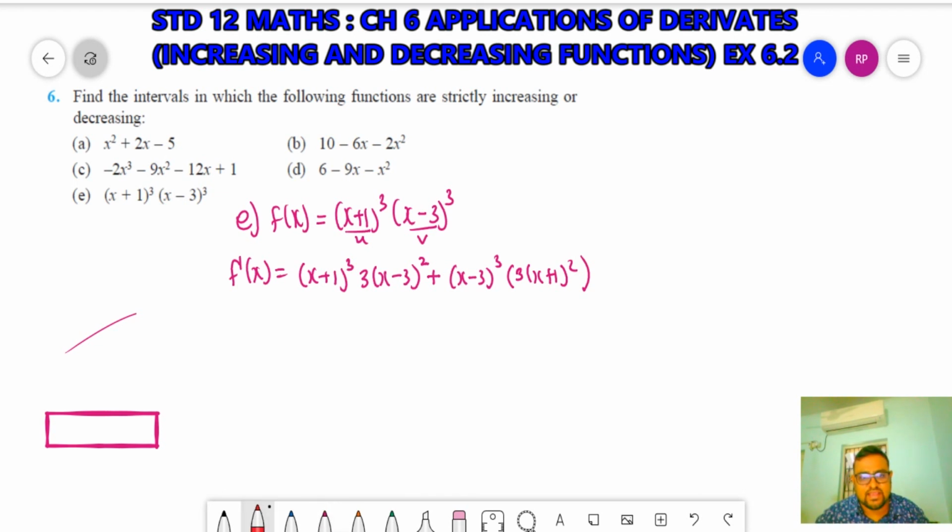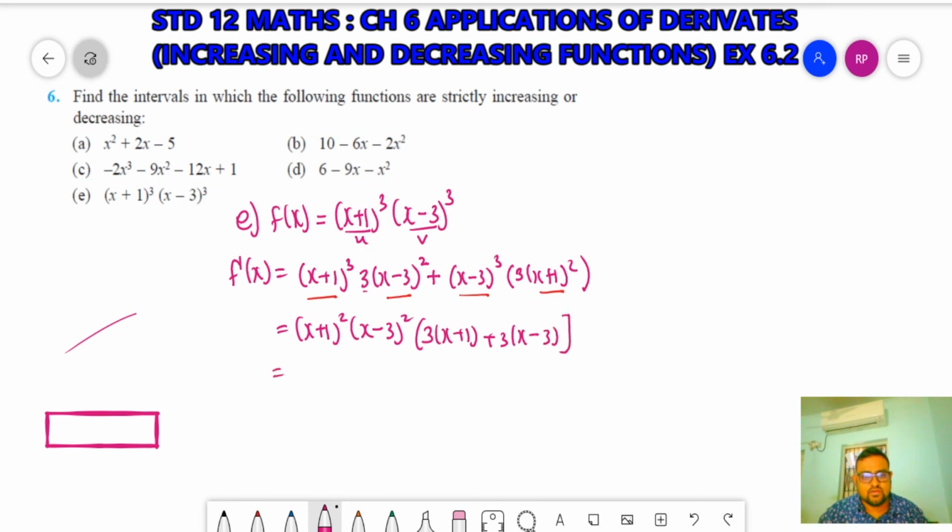Okay, so now see, I can take x plus 1 square and x minus 3 square common. So what I will do, I will take x plus 1 whole square, x minus 3 whole square common. Here it will remain 3 into x plus 1 plus 3 into x minus 3.